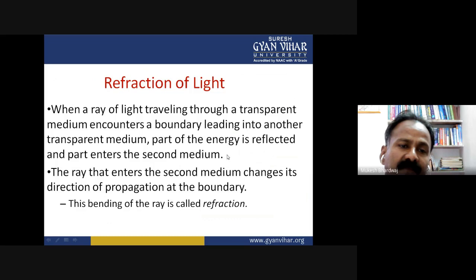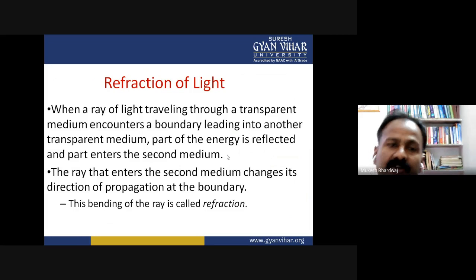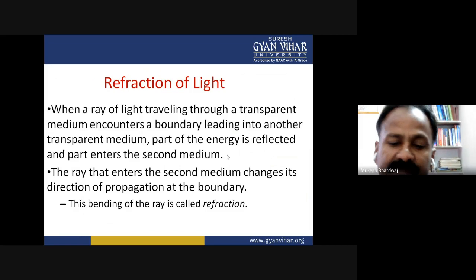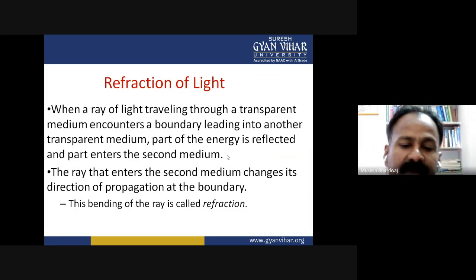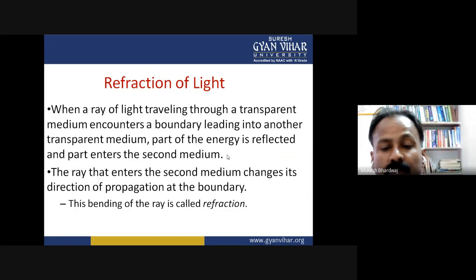Refraction of light. Now the second topic is the refraction of light. The bending of light as it passes from one medium to another is called refraction.